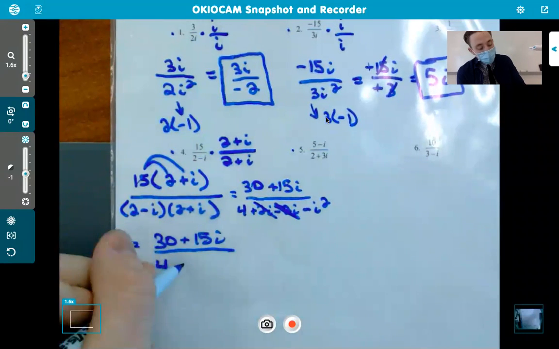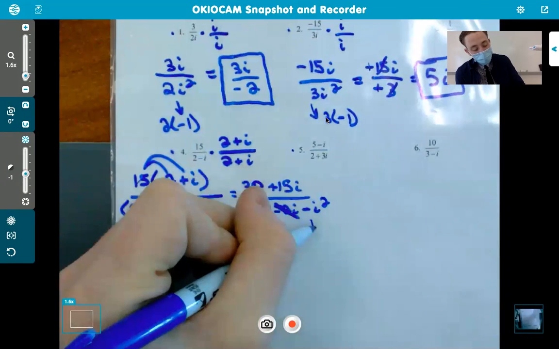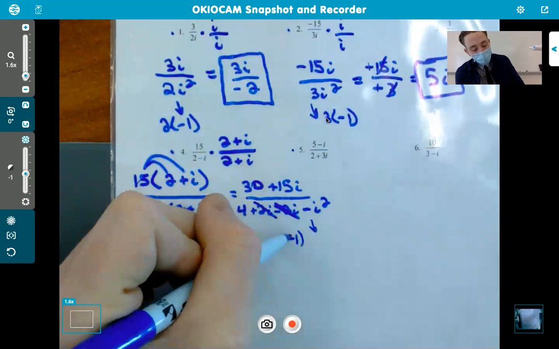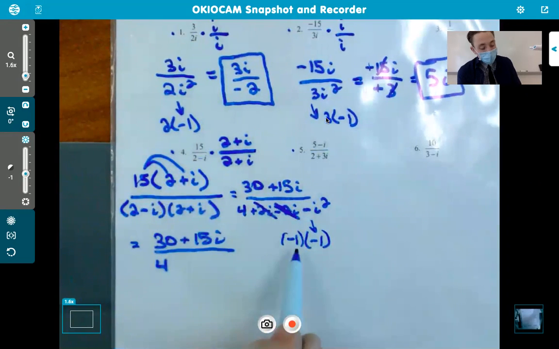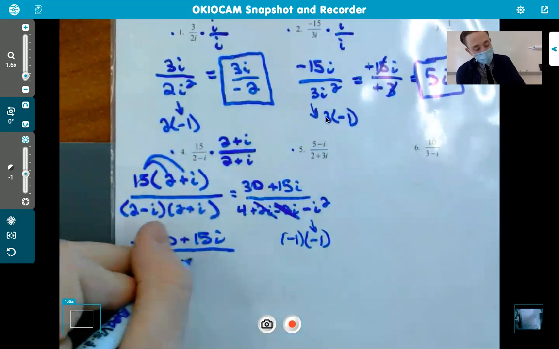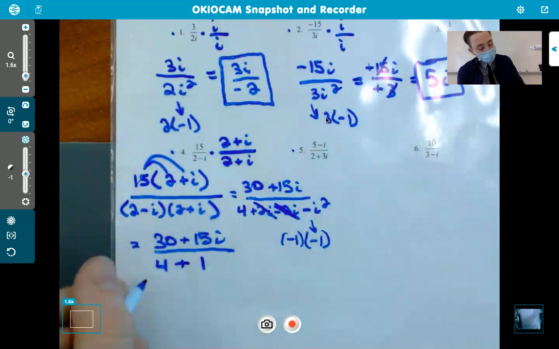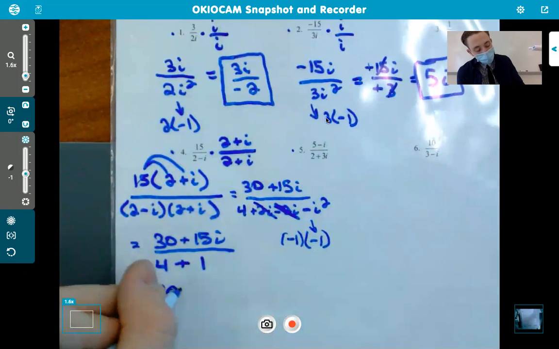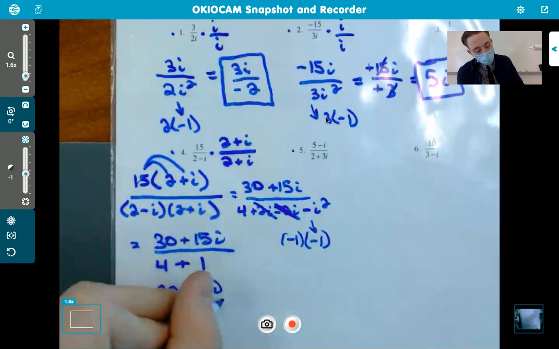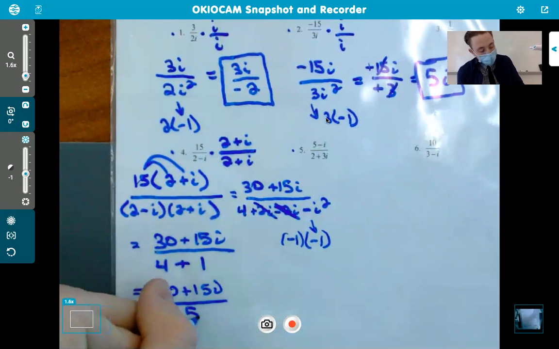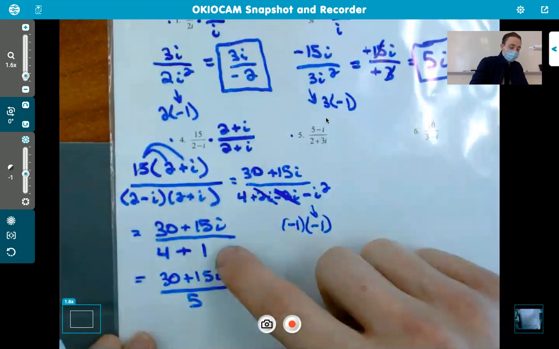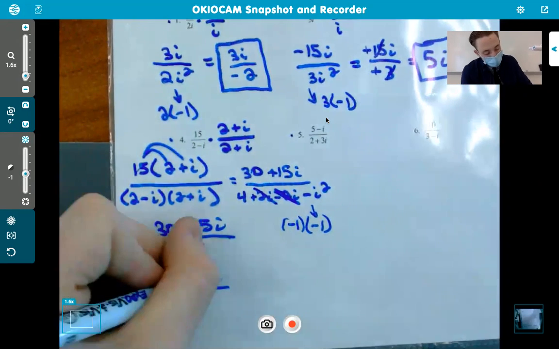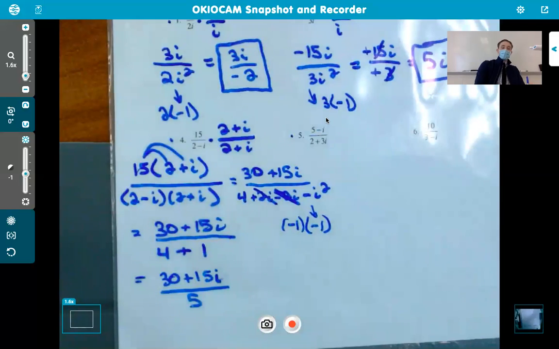Well, negative i squared is the same thing as negative 1 times the i squared, which becomes a negative 1. Well, negative 1 times negative 1 becomes a positive 1. When I add that, I have 30 plus 15i over 5.